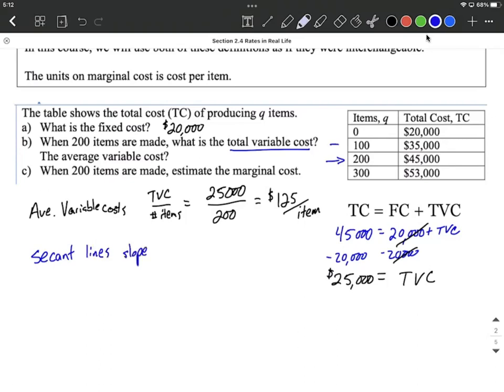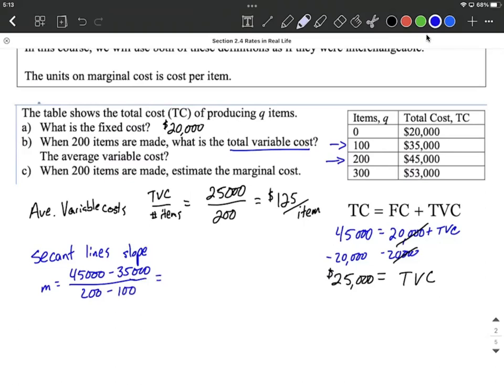All right, so first off, I'm going to use these two ordered pairs, basically treating these as 100, 35,000, and 200, 45,000. All right, so the slope of that secant line, the slope is going to be y2 minus y1 over x2 minus x1.